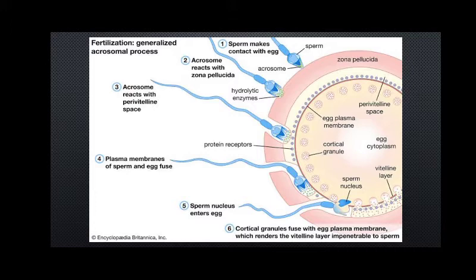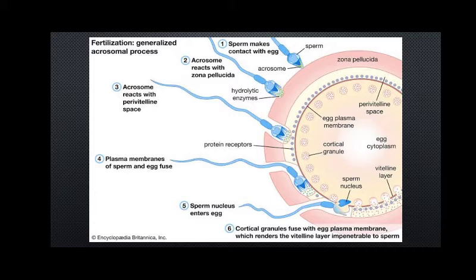Now when that happens, at that particular point of time, the acrosome or the head of the sperm will break open, or rupture, releasing all the hydrolytic enzymes that are present inside. If you remember, it has many types of enzymes: the hyaluronidase enzyme, different varieties of protease enzymes.